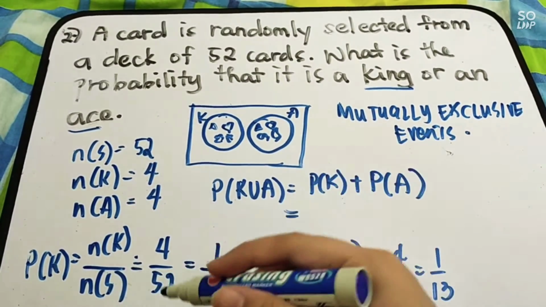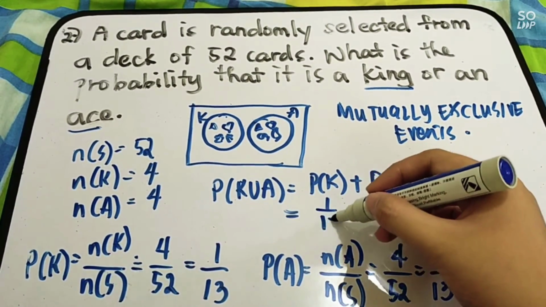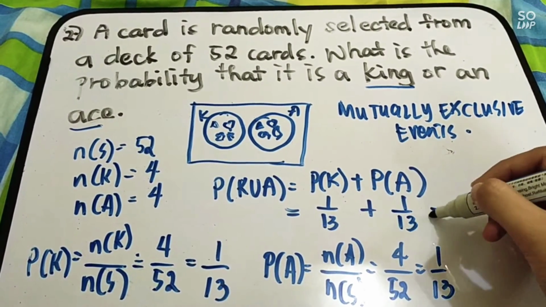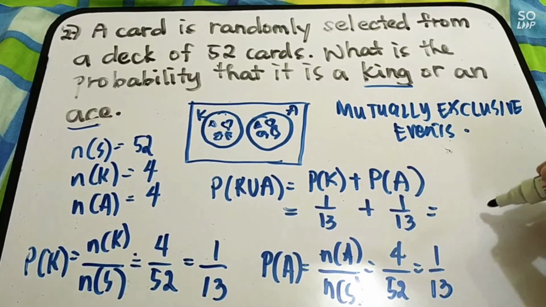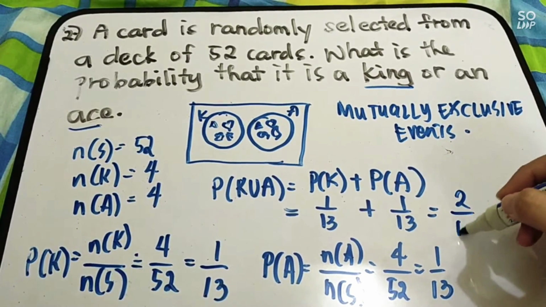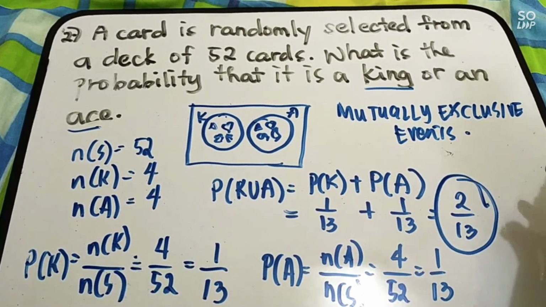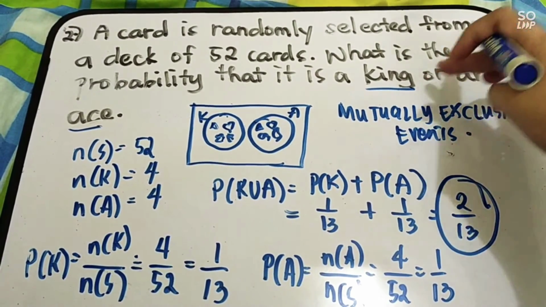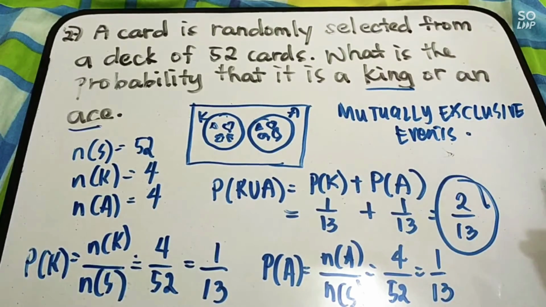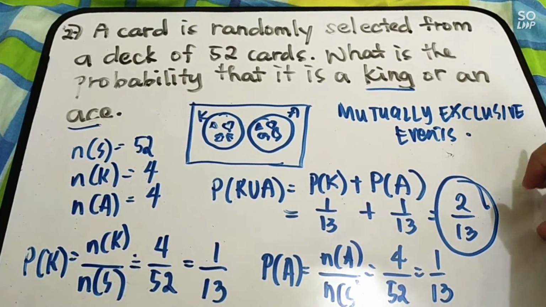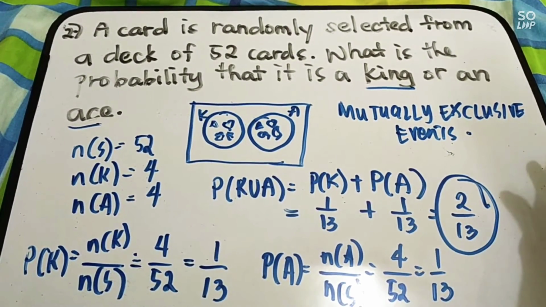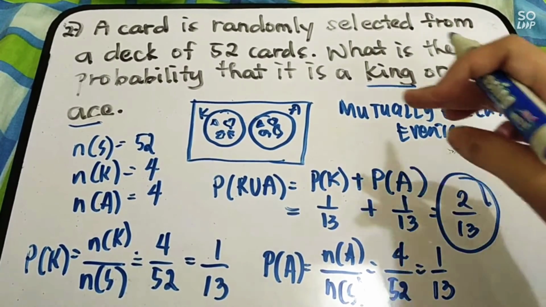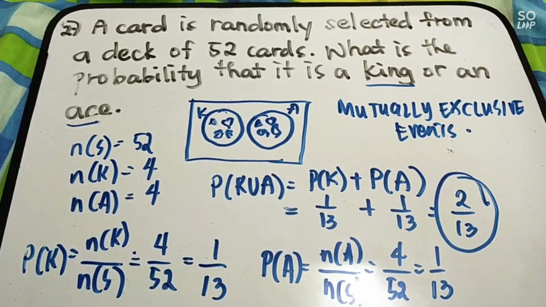So, it is equal to 1 over 13 plus 1 over 13. And then, the answer is 2 over 13. So, this is the probability that you can have a king or an ace. Is it clear? So, para mas madali nyo maintindihan kung siya ba ay may intersection or not, you may use a Venn diagram.